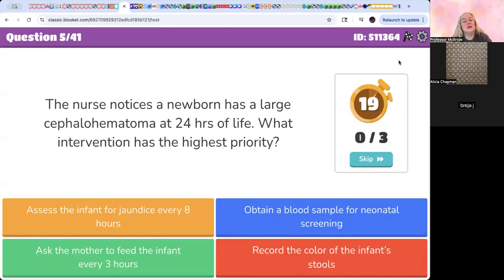The nurse notices a newborn has a large cephalohematoma at 24 hours of life. What intervention has the highest priority?